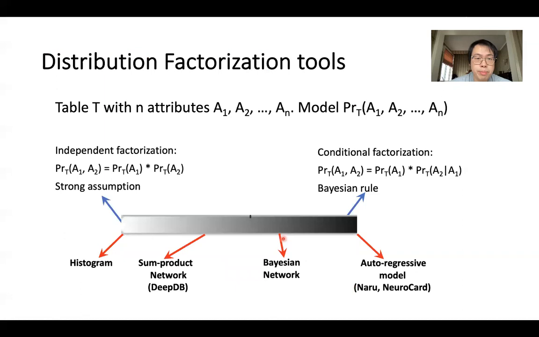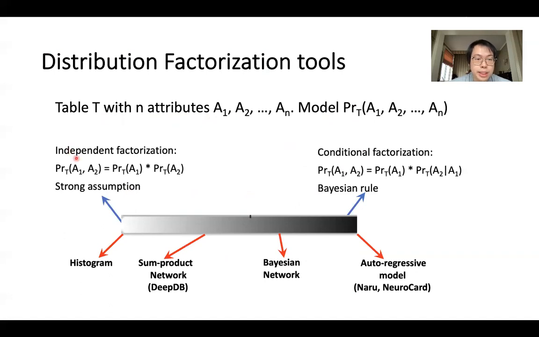Okay, so how do we build such distribution models? Suppose we have a table with n attributes, and we want to model its joint distribution. Brute-force modeling of this distribution is definitely impractical. It's going to take exponential storage. Therefore, we need some factorization tools to simplify the joint distribution.